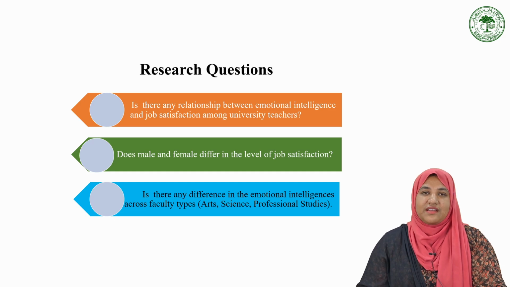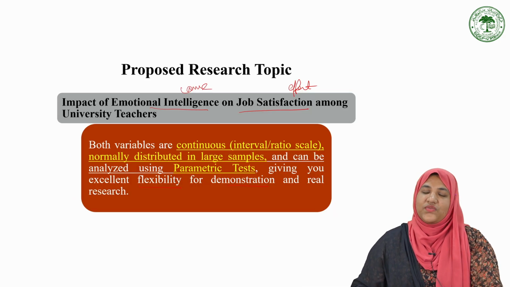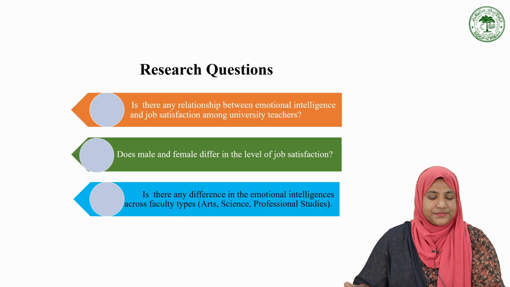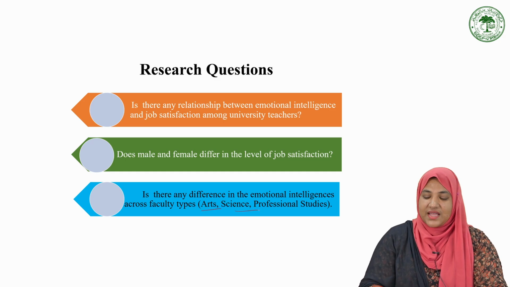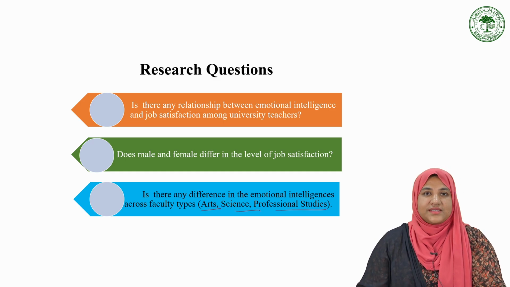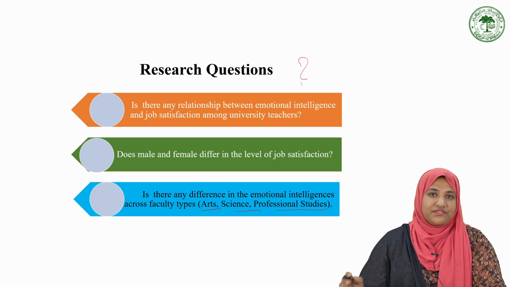That means, is there any difference between the genders as subsamples with respect to the variable job satisfaction? And the next one, if you are taking emotional intelligence, we can take gender differences in emotional intelligence also. You can frame that research question along with objectives. And next, are there any differences in emotional intelligence across faculty types, that is arts, science and also professional studies? So these are the research questions that we have framed here.